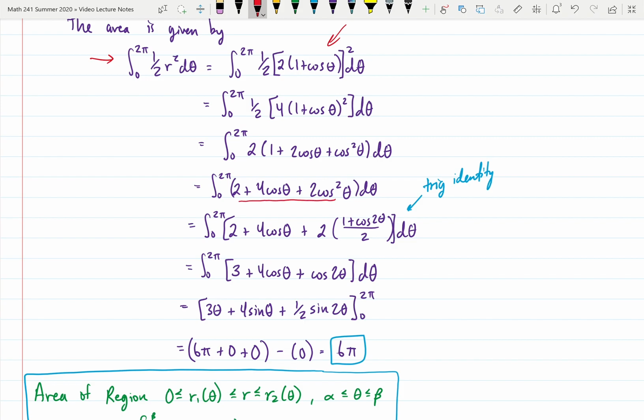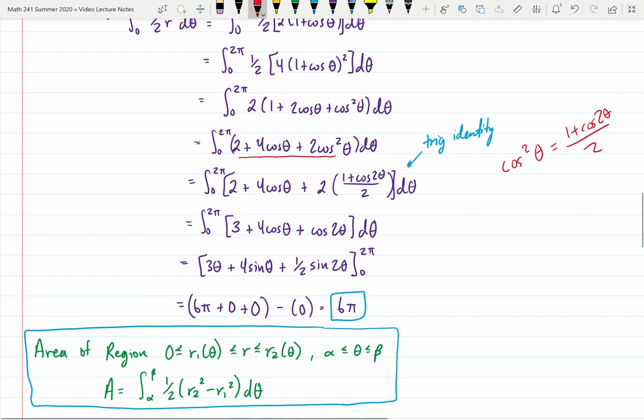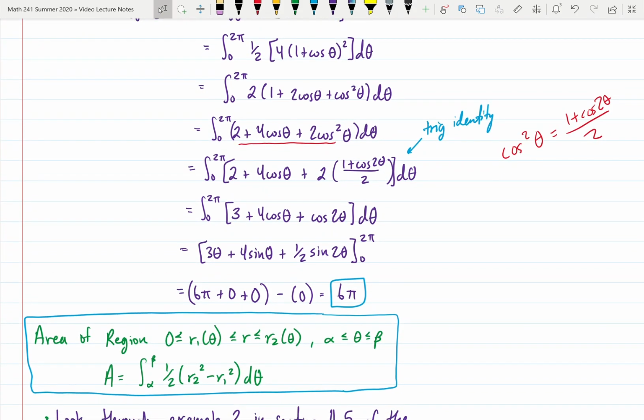And from here, there's an interesting trig identity that hopefully you remember from Calc 2. So remember that cosine squared of theta is equal to (1 plus cosine 2 theta) over 2. We use that substitution for the integral. And again, there's some more algebra that goes on until we get down here. The integral of 3 is, of course, 3 theta. The integral of 4 cosine theta is 4 sine theta.